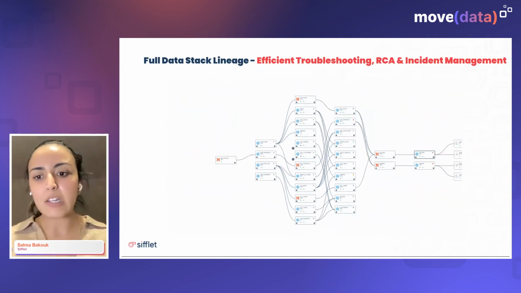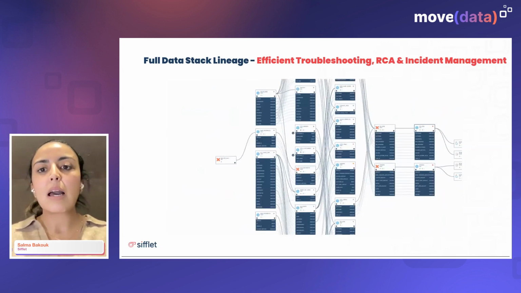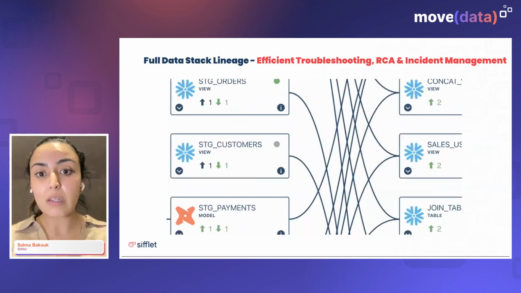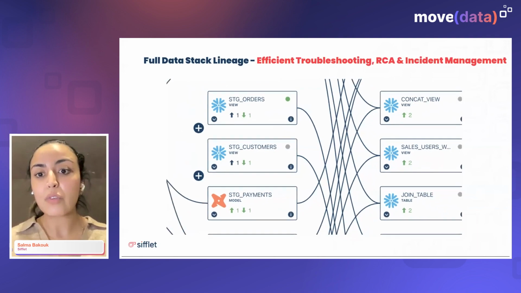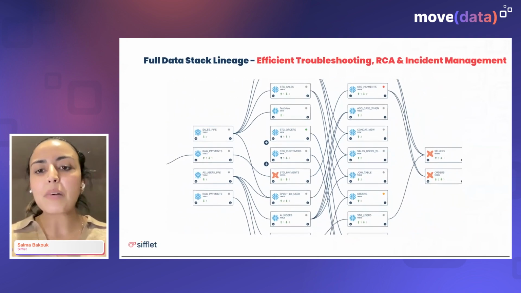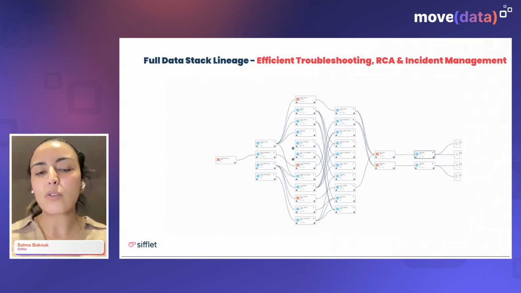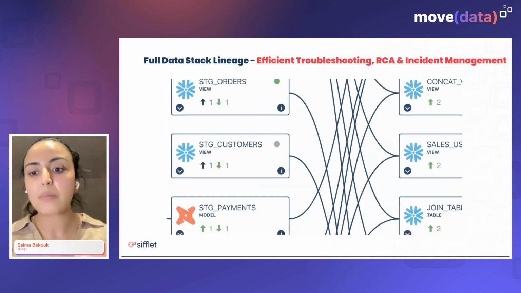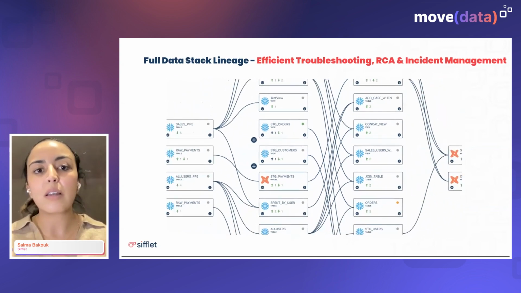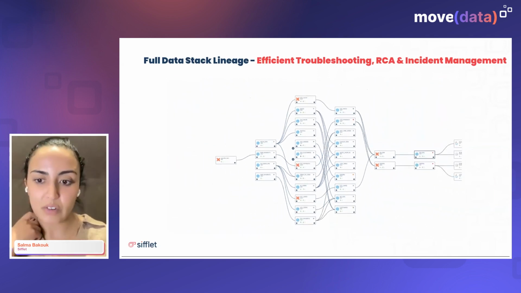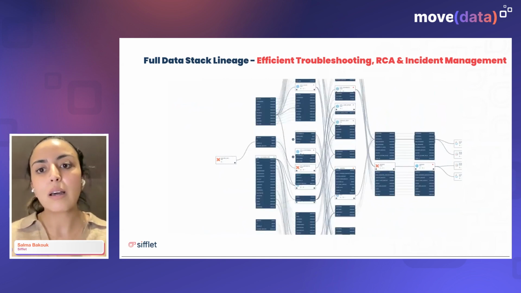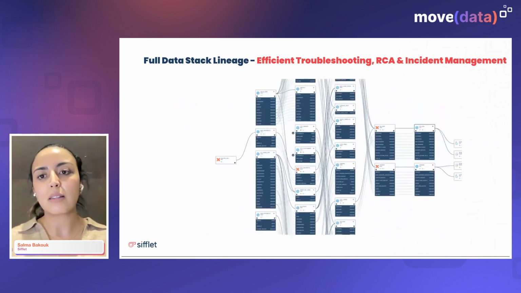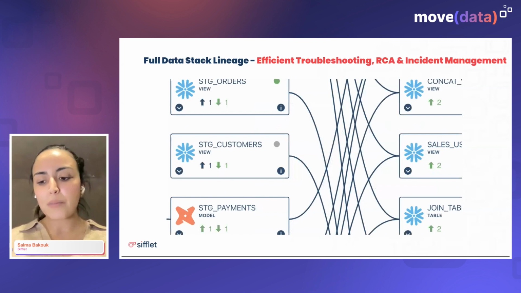So by having full stack lineage, you're able to map out the dependencies between different data assets, between different views, different dashboards. But more importantly, you can also go into the application layer by connecting the dependencies between jobs and different elements and components of the infrastructure that could lead into a deviation at the data and metadata layer.